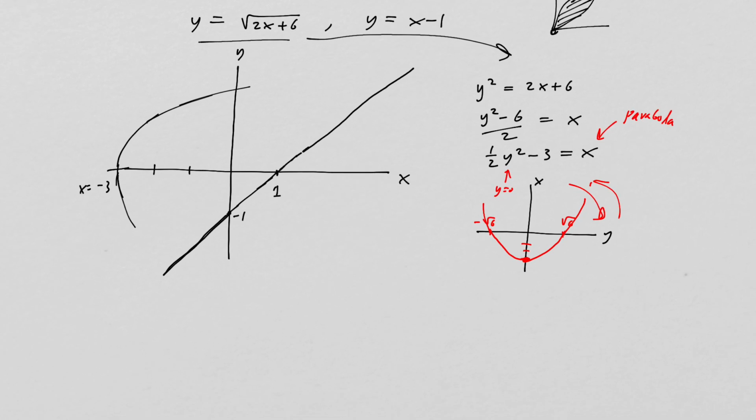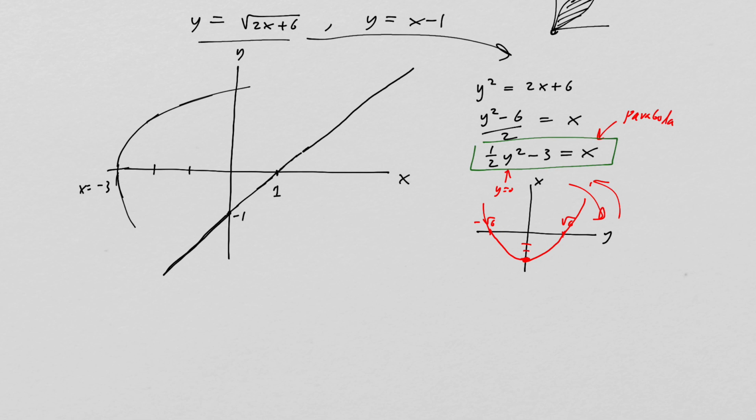What we really have to do, of course, is actually just set y equal and see if we can find the y values together. Or actually, it might be better to use this representation here in terms of x. I can plug that in.